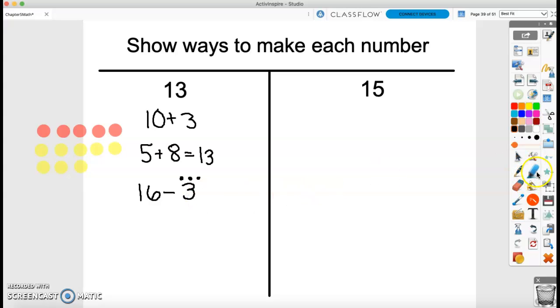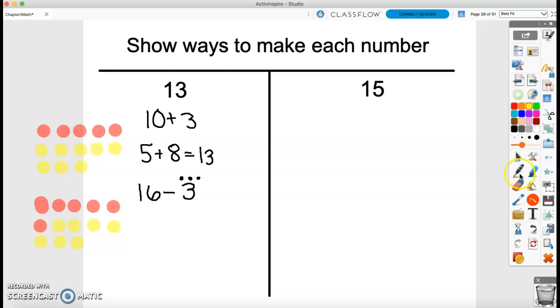All right, let's try another addition. Let's see. I could do 1, 2, 3, 4, 5, 6, and then I could do the rest. 7, 8, 9, 10, 11, 12, 13.